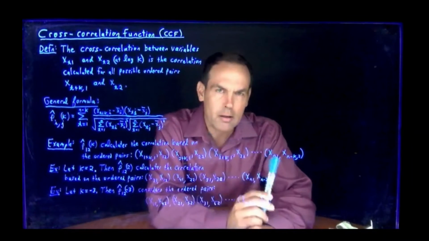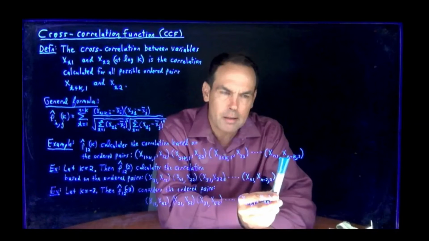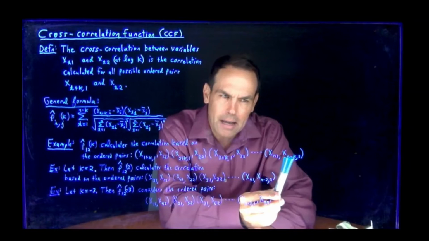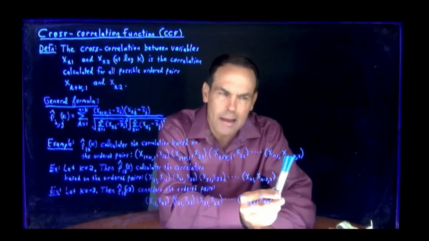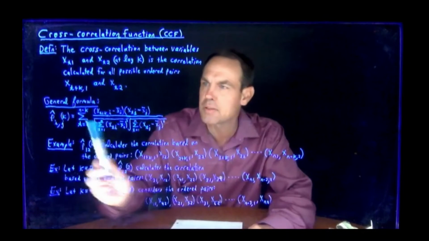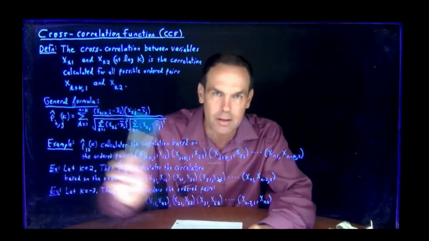Keep going. Finally, we get to the end. This looks a little strange, but it's going to make sense. Second variable, n minus k time points, at time point n minus k, which notice that matches up with this sum n minus k for the same reason. You can't go any further than n minus k.